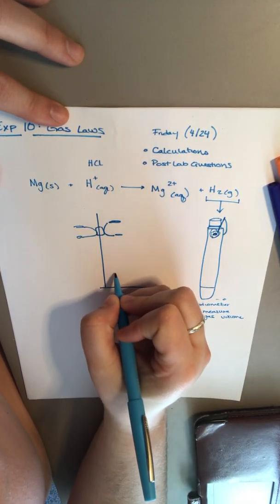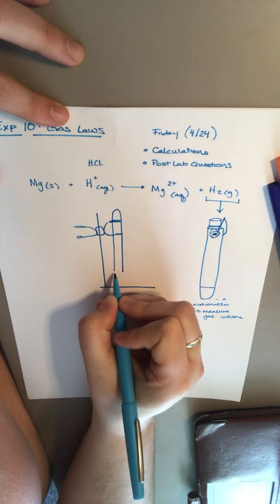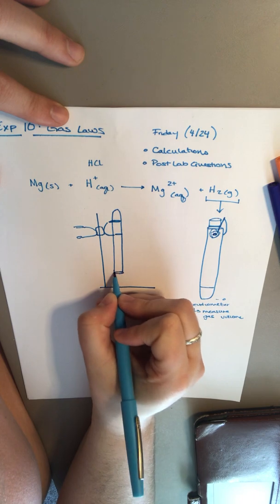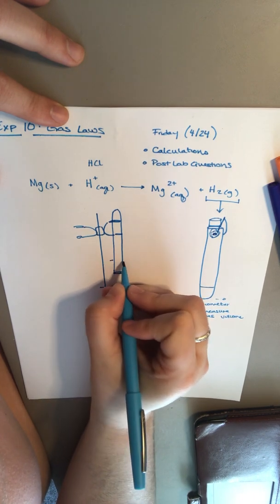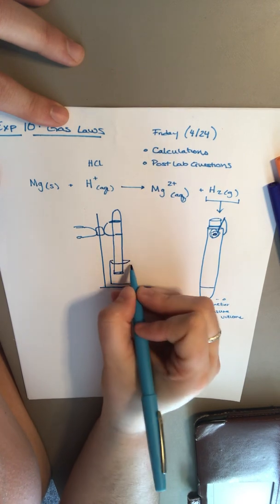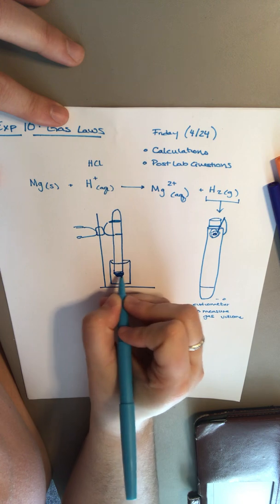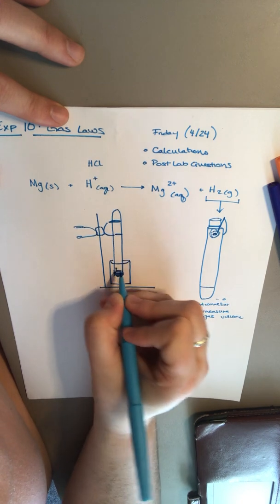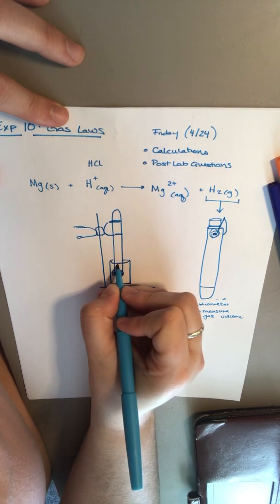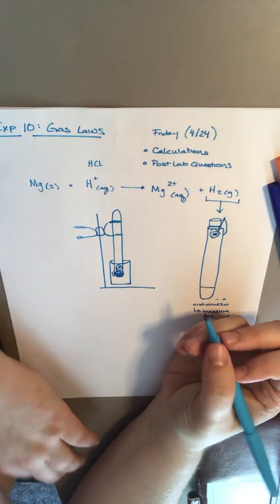So in our actual setup, we'll have the eudiometer flipped into a beaker. I'm just going to draw the beaker like this, and that'll be my stopper. This is my copper wire, because copper wire is not going to interact, and I'm just going to draw my magnesium metal just like that.